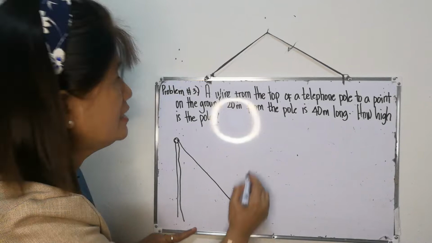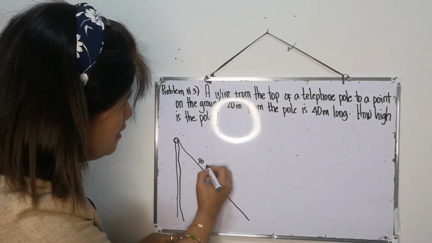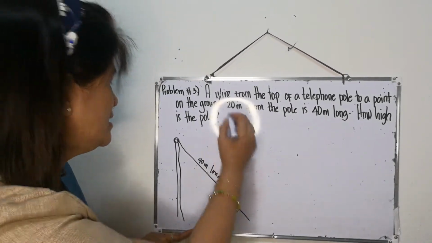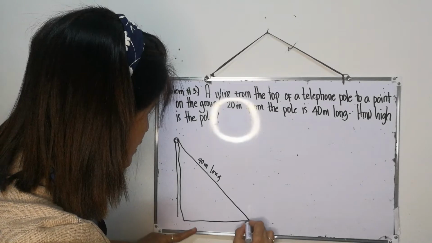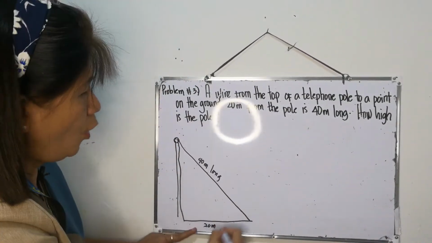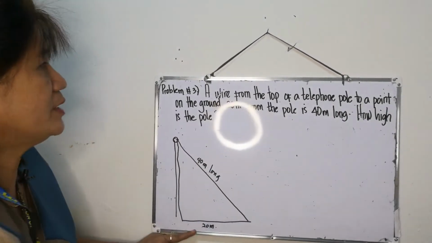Ganyan. So, it is very clear that our wire is 40 meter long. And this is 20 meter on the ground, away from the pole.